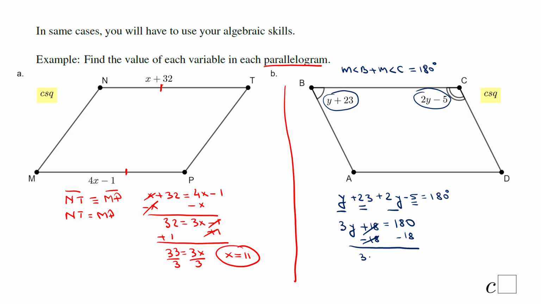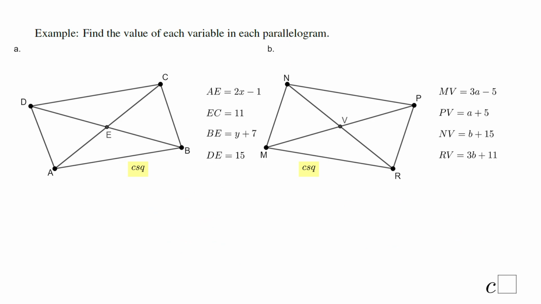And I have 3y equals 162, and divide by 3 will be the last step here. And we have y equals 54. And that is for these two problems on this slide.